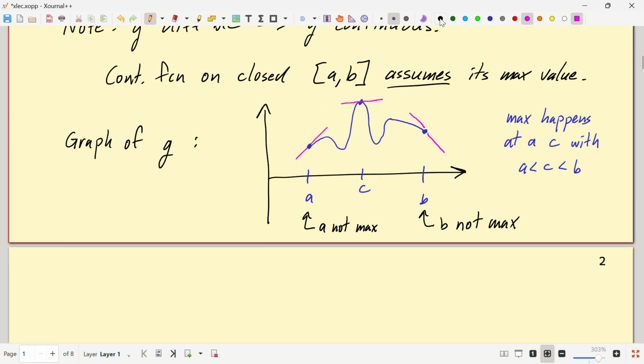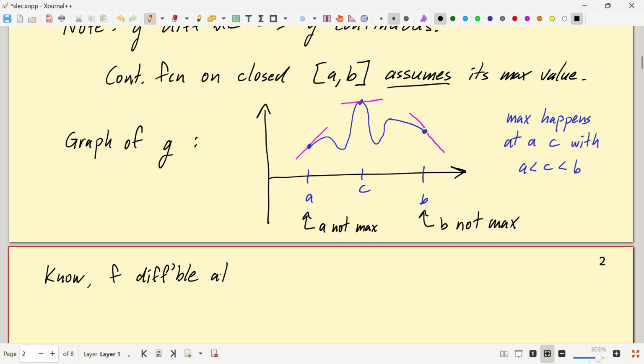So that was one of the things we demonstrated last time. We know that g differentiable at C, with a max, implies that g prime of C equals 0.